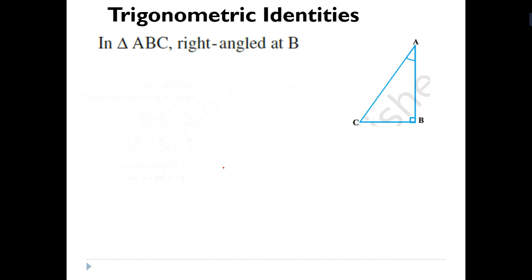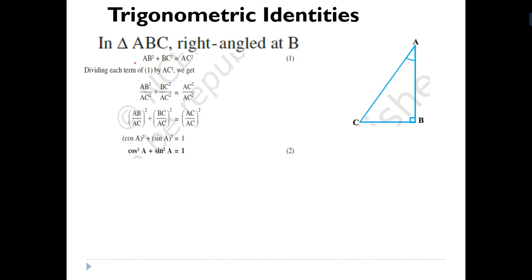Let us see the first identity. AB square plus BC square is equal to AC square. Dividing each term by AC square, we get AB upon AC whole square plus BC upon AC whole square is equal to AC upon AC whole square. Now we already know SOH CAH, so we use it here.